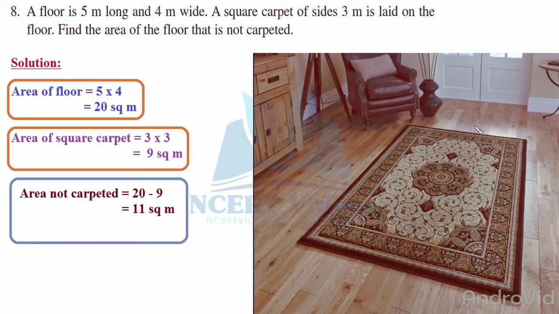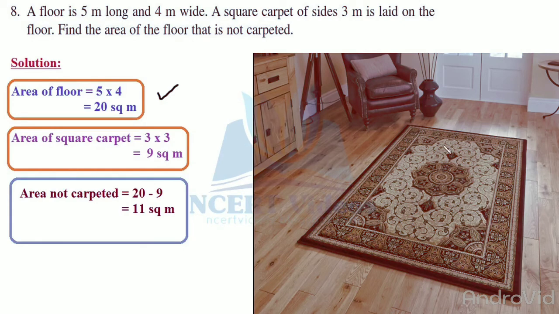So how can you calculate it? If you get whole of the area and you subtract this area of the carpet, you will get the rest of the uncovered area. So this is the concept behind the question. So area of the floor is 5 into 4, that is 20 square meter. Units are same here, all are meters, we don't have to convert it.